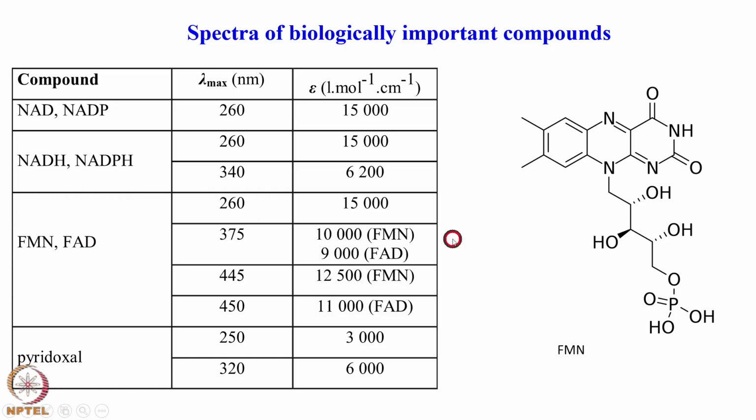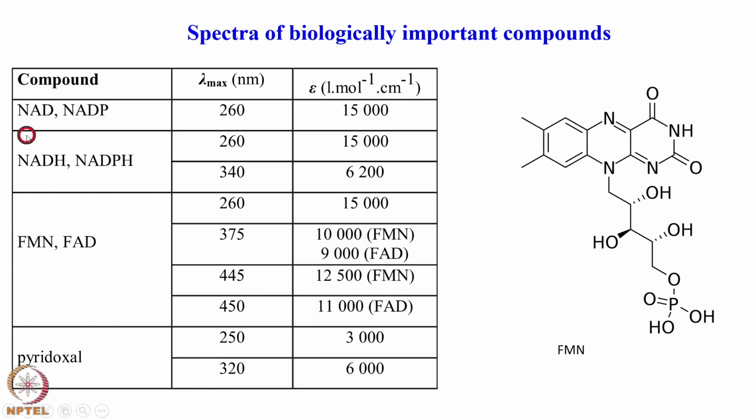Then FMN, you see FMN structure, lots of conjugation, or FAD, they are 260, 375 and 445, 450. FMN's extinction coefficient is higher than the FAD at both the wavelengths, and then pyridoxal again 250 and 320.